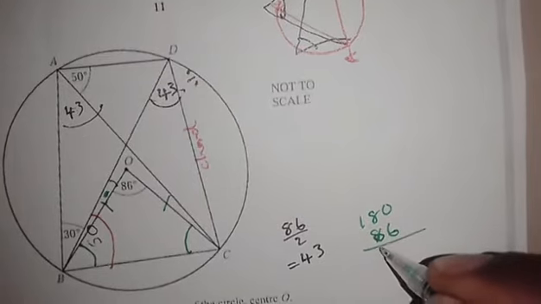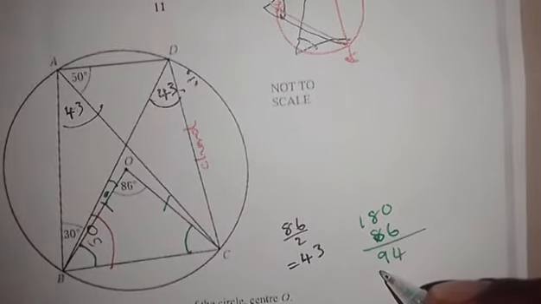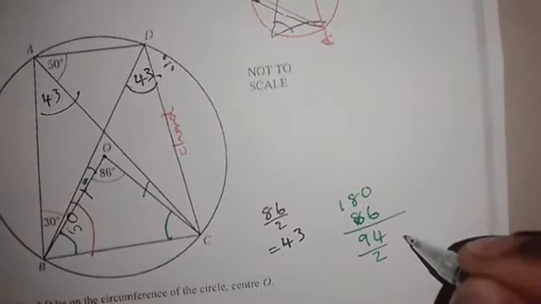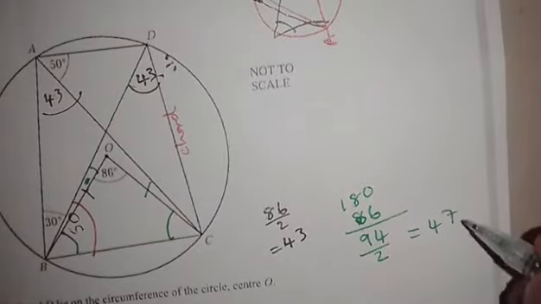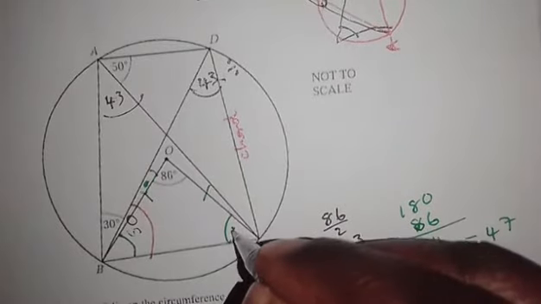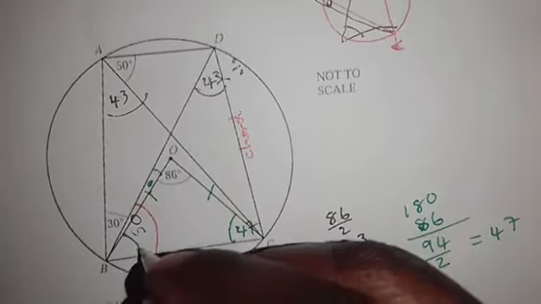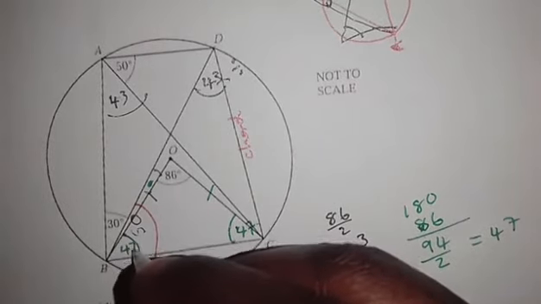So 180 minus 86 gives 94. Divide 94 by 2, you get 47. So it means at C we have 47, and at B we have 47.